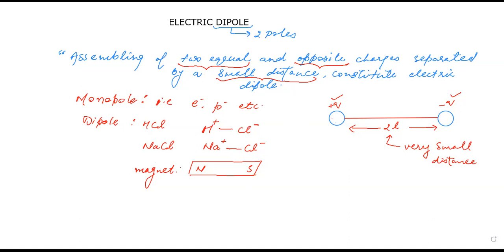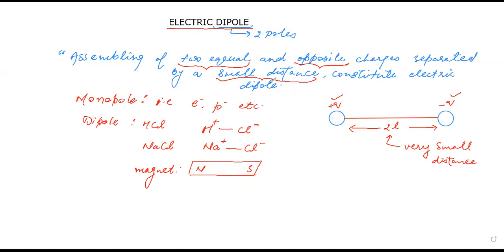Yes, sir. Okay. I am repeating for you, especially because you have joined late. Electric dipole means an assembling of two equal and opposite charges with a very small separation between them. In nature, electric dipoles and monopoles are both available. Electrons and protons are monopole bodies, and dipoles are like HCl, hydrochloric acid, sodium chloride, and magnet.